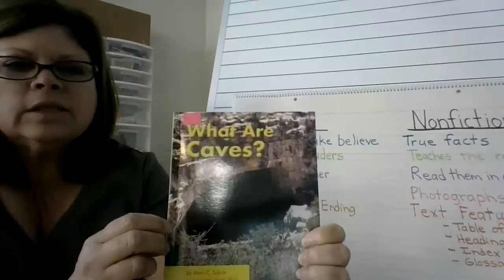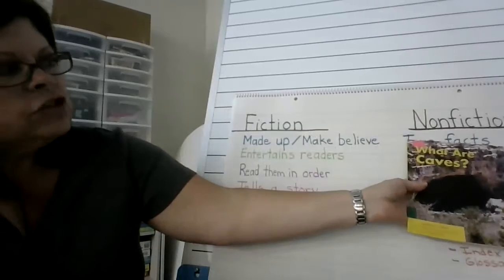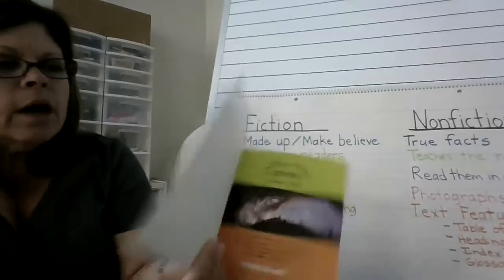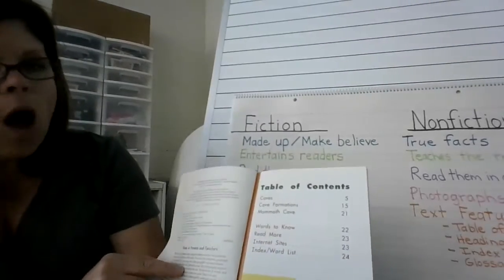Look at the front cover, read the title, What Are Caves? I want you to think, is this a fiction story, something that's made up? Or is it a nonfiction story, something that has true facts and teaches the reader? Let's open it up. Are there any other clues inside?